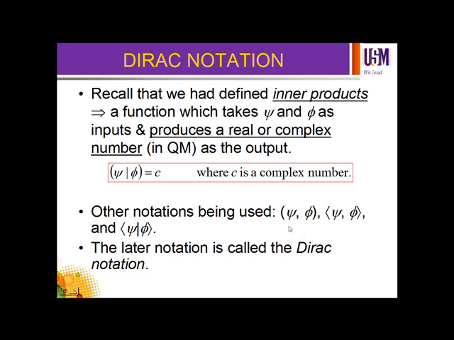Other notation being used is psi, phi inside a bracket, or psi, phi inside an angular bracket, or psi with a vertical bar, then phi, inside the angular bracket. The latter notation is called the Dirac notation. Usually we will use this to indicate inner products in quantum mechanics.